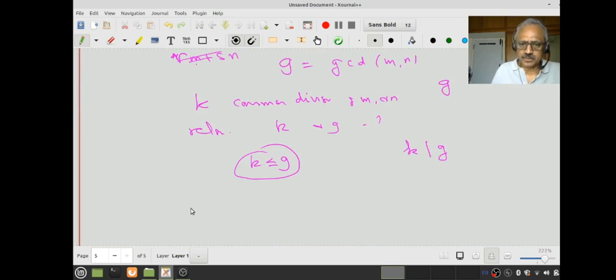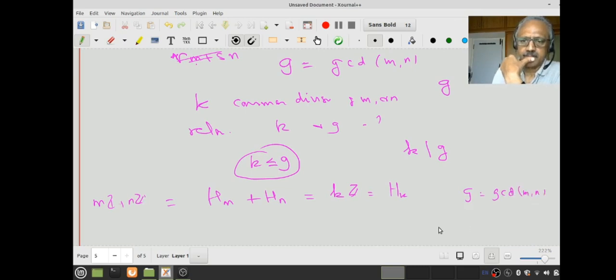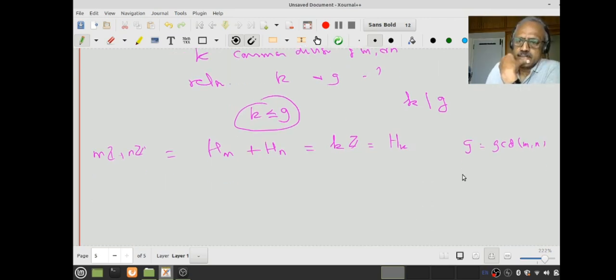So what have you shown? We have shown that Hm plus Hn equals all multiples kz, that is Hk. So we have known that, and suppose G is the GCD of m and n. Now what do you conclude?